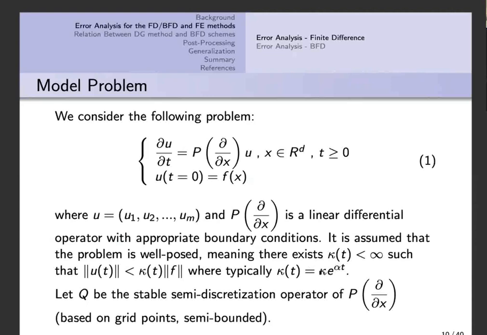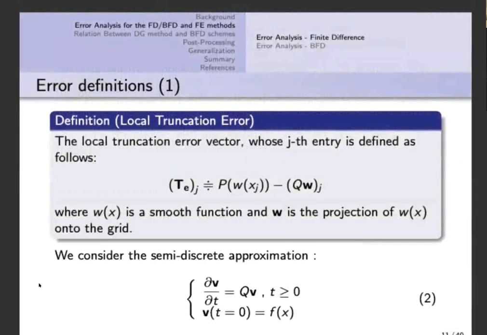So Q will be our stable semi-discretization operator of the linear differential operator P, based on grid points and semi-bounded. So in order to further continue with our error analysis, we'll need to define the local truncation error. This is a standard definition.